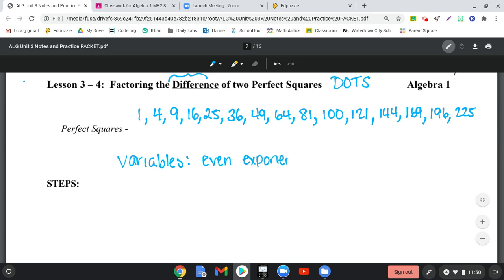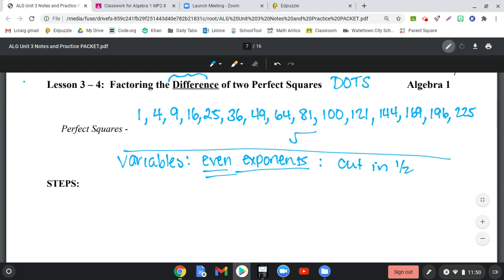And for exponents, we're going to just cut them in half. Whereas with numbers, like the square root of 196, we don't cut it in half, we take the square root. And again, that's just second, x squared in your calculator.